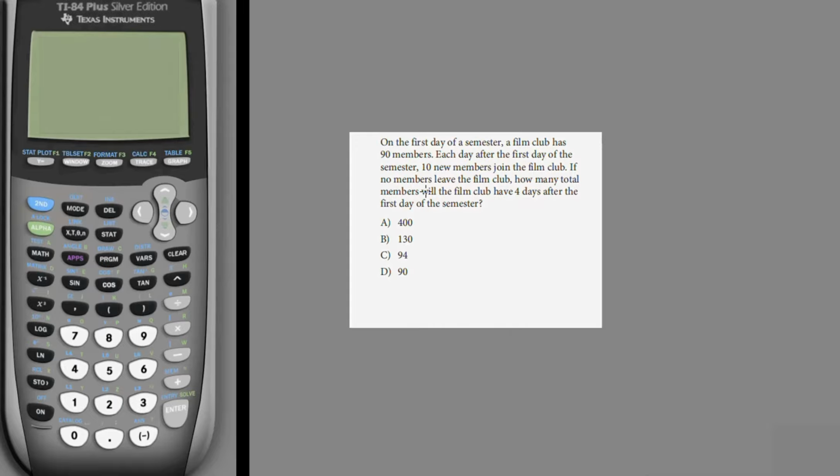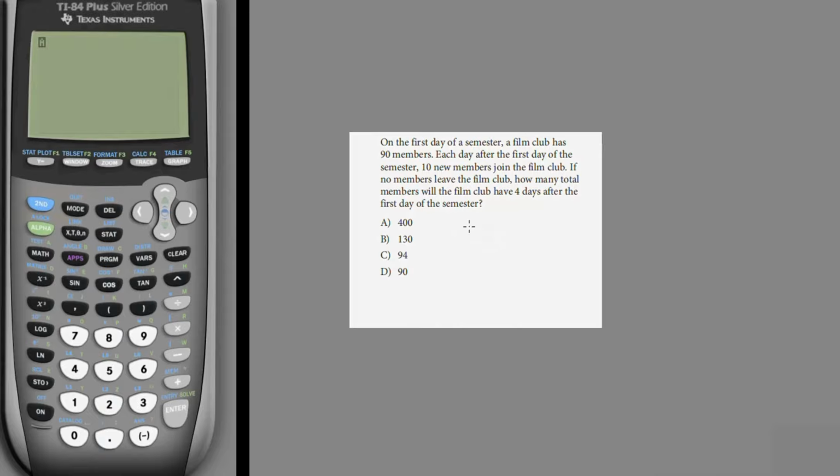If no members leave the film club, how many total members will the film club have 4 days after the first day of the semester? This is simple mathematics, guys. You don't even need a calculator. It's just basic arithmetic. This question is very simple.